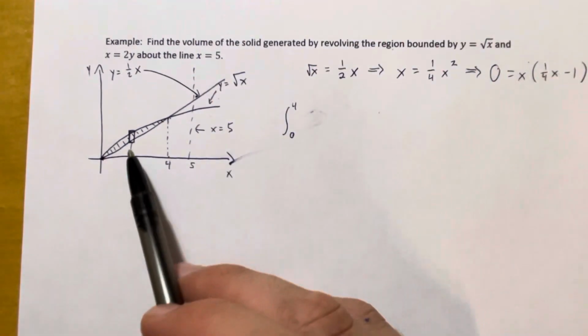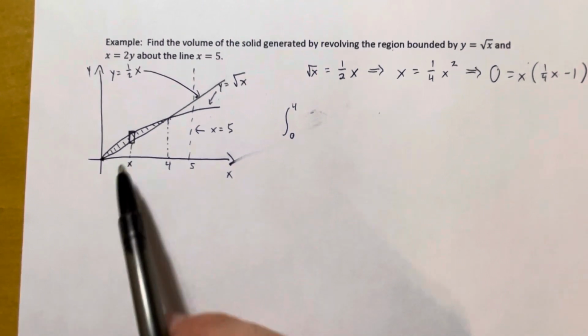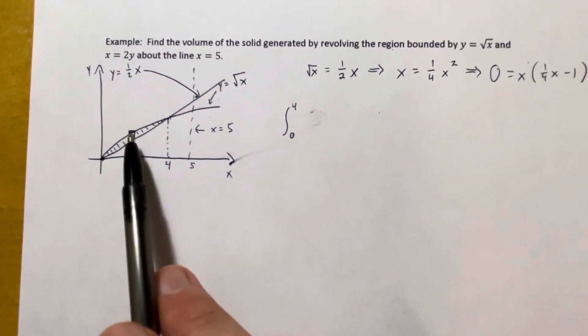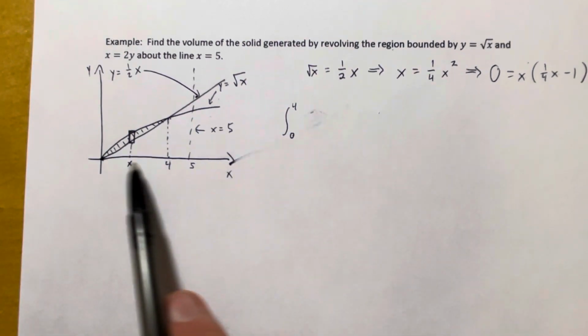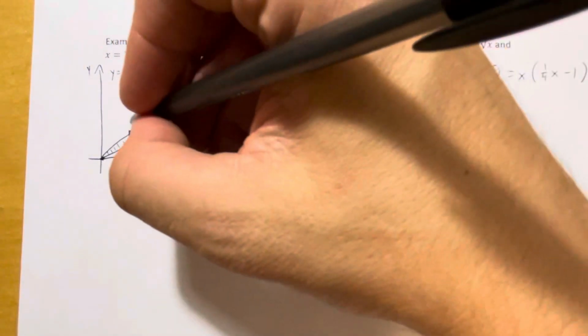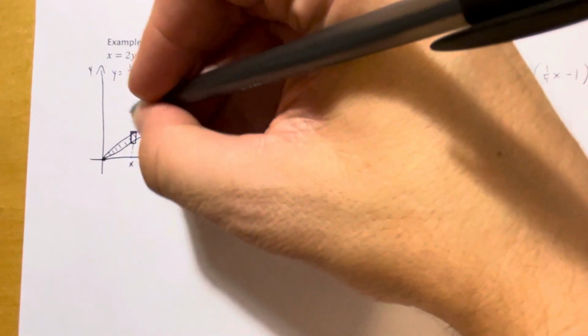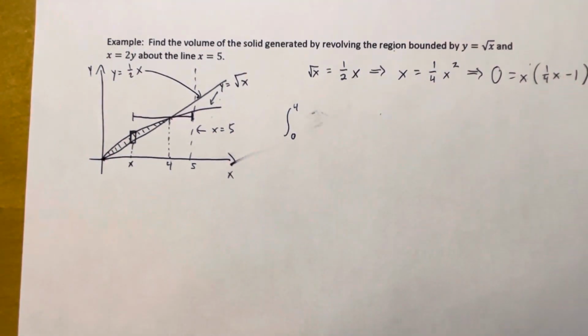Now, remember, we're taking this little approximating rectangle and we're rotating it not around the y-axis, but around the line x equals 5. It's going to go like this, right? So I need to know the distance from that rectangle to this line now, not to the y-axis. And that's what makes this a tad more difficult.